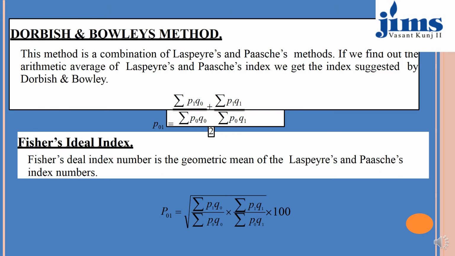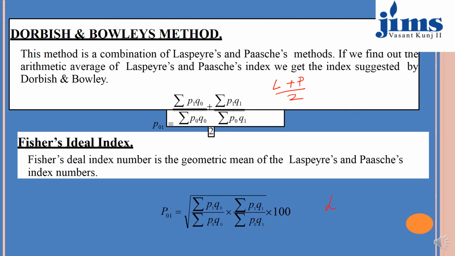But Dorbish-Bowley, what they did, they took the average of Laspeyres and Paasche. What we calculated in the Laspeyres and Paasche methods, here they took the average of that, and that is called Dorbish-Bowley. And Fisher's index number is a very important thing.